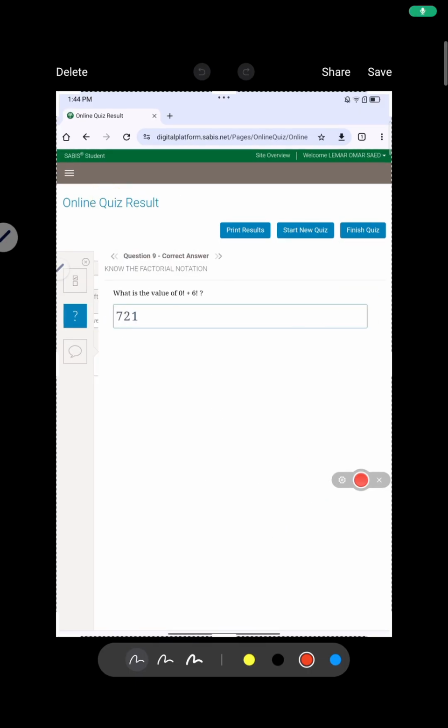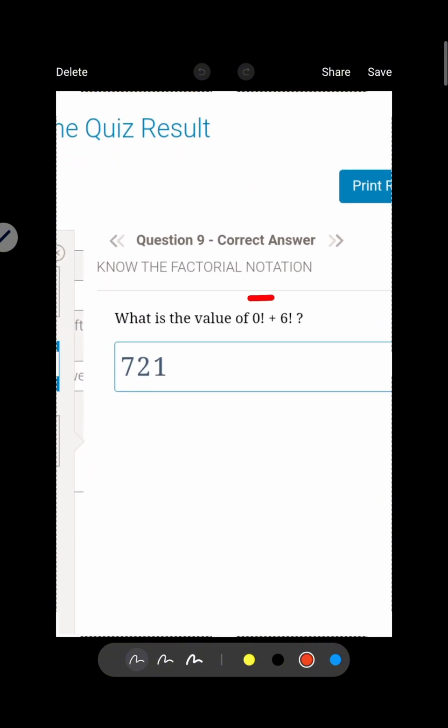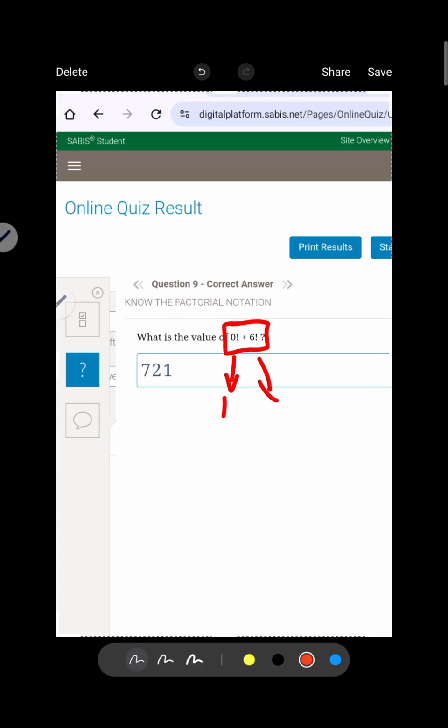Okay, for this question, they want the factorial notation. Look, just look at this. Okay, 0 factorial is just 1, and 6 factorial is 6 times 5 times 4 times 3 times 2 times 1, but you don't have to put the 1 because it's going to be the same.